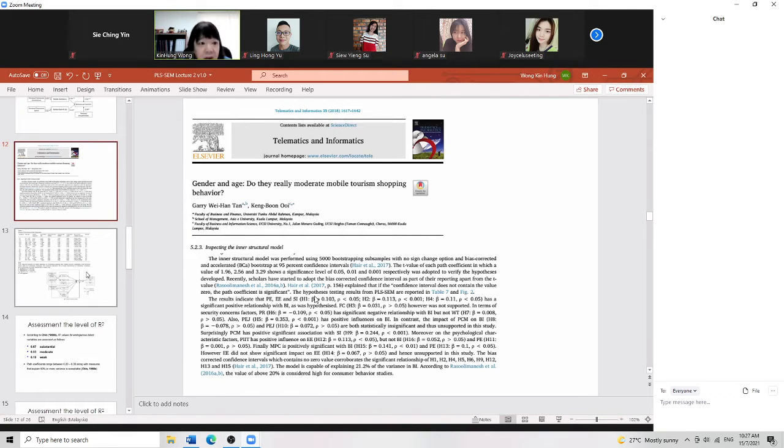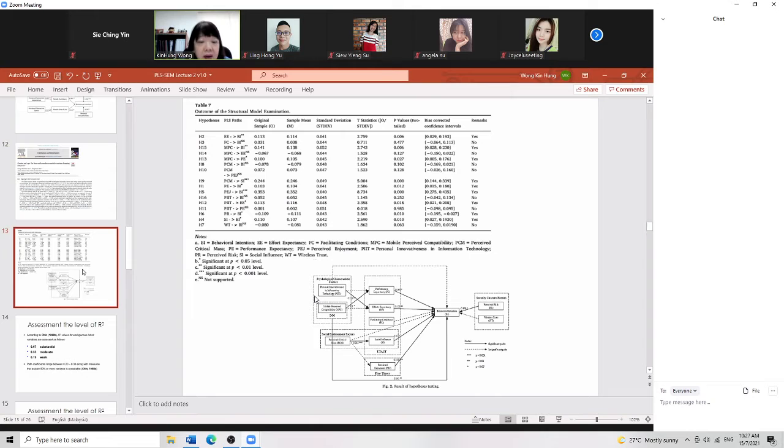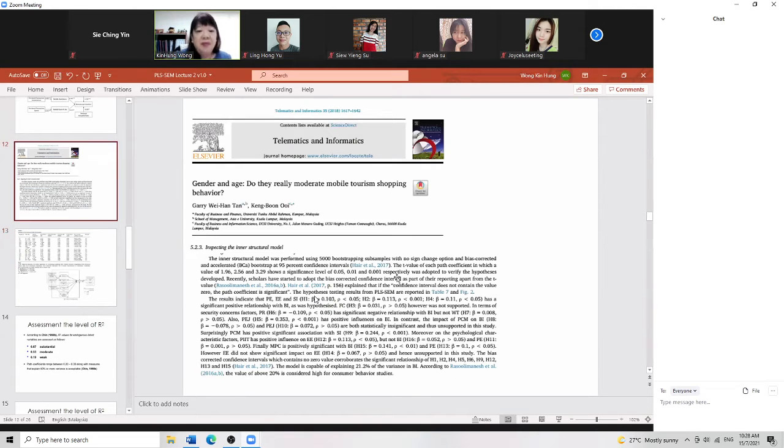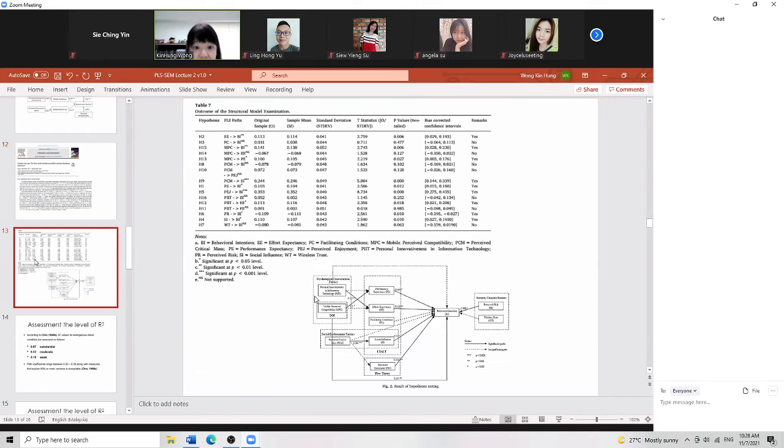PE, SI, EE, okay, what is this? Figure 2, okay? This is Figure 2 here, okay?